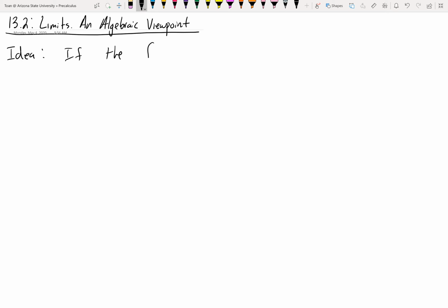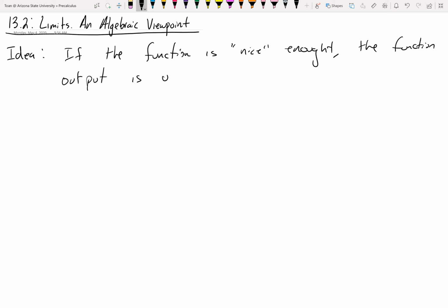If the function is quote nice enough, the function output is usually equal to the function limit at that x value.